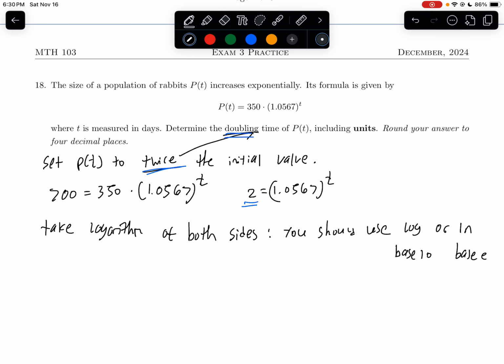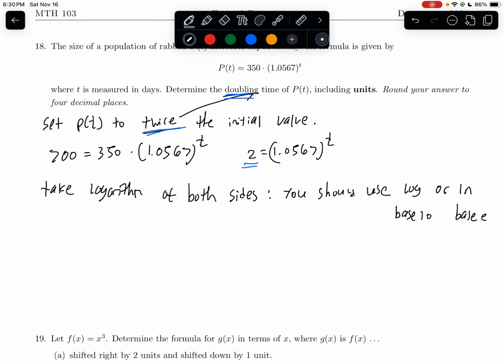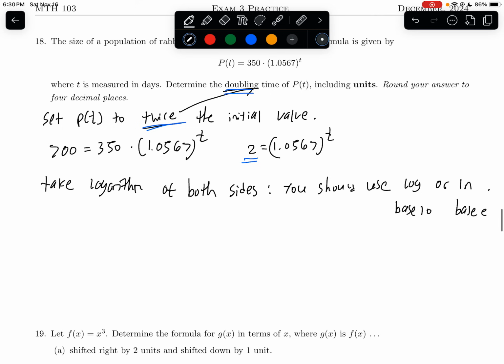Why? Because you need to get a decimal number. If you do it in another base, it's not even obvious what other base you should use. But if you did, then you would have to convert it back using change of base or carefully do it in your calculator, and that's not really worth it. So just do one of these bases.